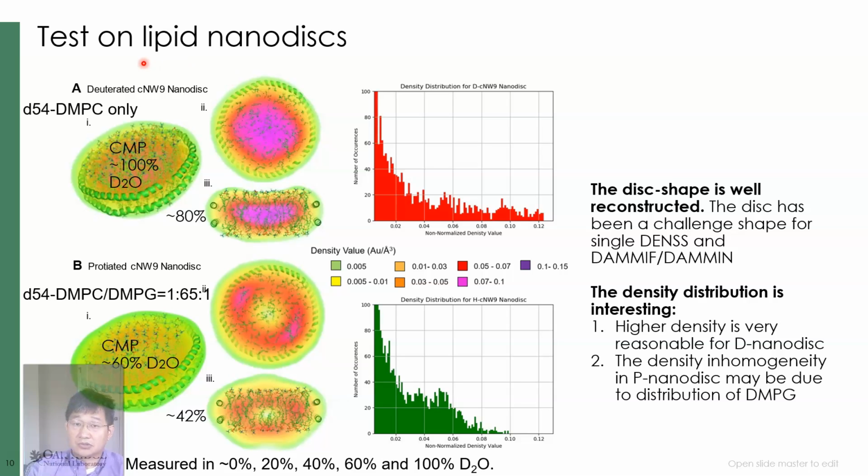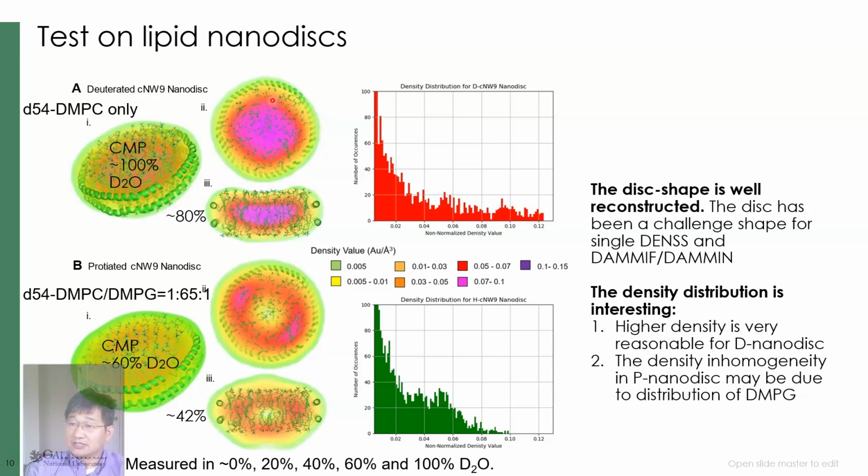Here are some examples of lipid nanodisk reconstruction from DENSS multiple. As we know, the disk has been a challenging shape for many programs, such as single DENSS and DAMMIN or the DAMMIN package. As you can see, the disk shape is well reconstructed by DENSS multiple using contrast variation data.